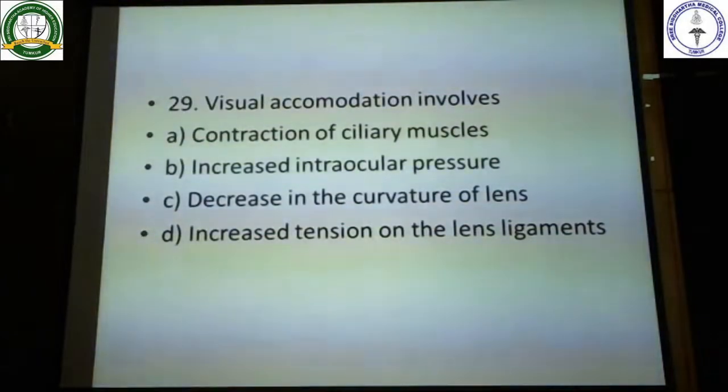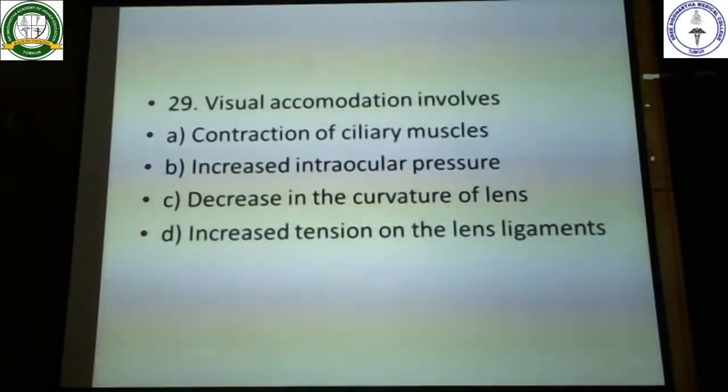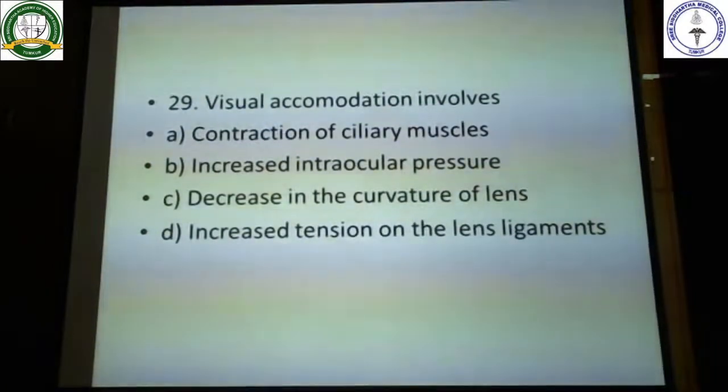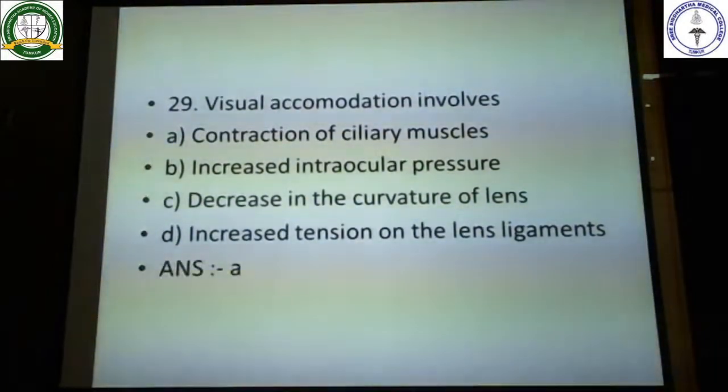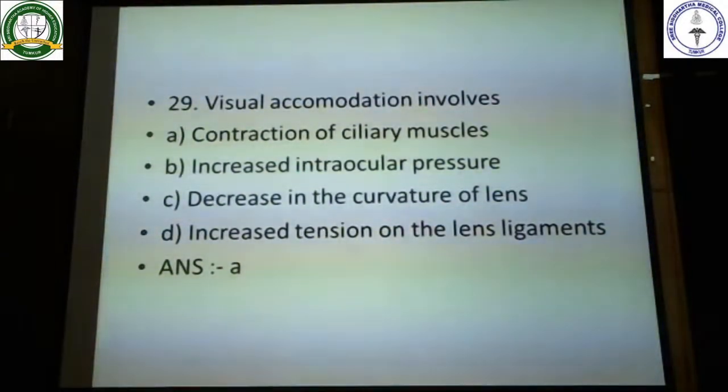Visual accommodation. Now you should know what processes are involved in visual accommodation. The options: contraction of ciliary muscles, increased intraocular pressure, decrease in curvature of the lens, increased tension of the lens ligaments. Which procedure involves contraction of the ciliary muscles?